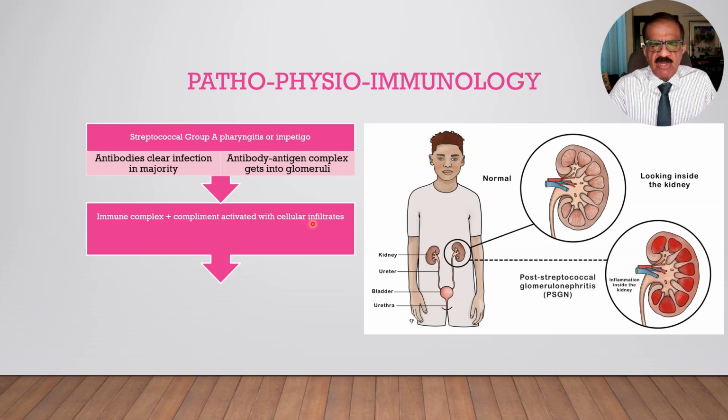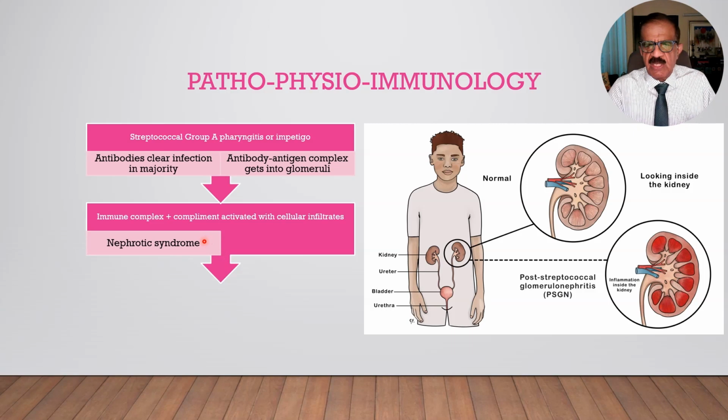This damage results in the pouring of proteins and cells into the Bowman's capsule and the tubules. That can result in either nephrotic syndrome, and we'll have a separate lecture on nephrotic syndrome. Nephrotic syndrome means massive proteinuria, more than 3 grams per 24 hours.